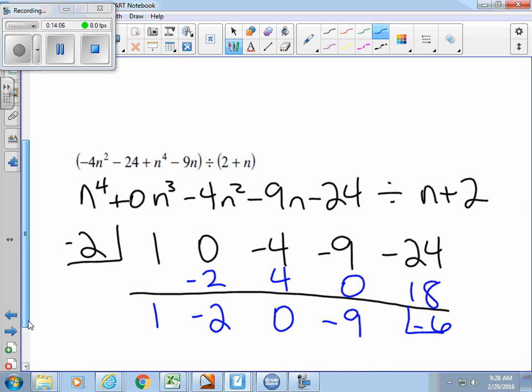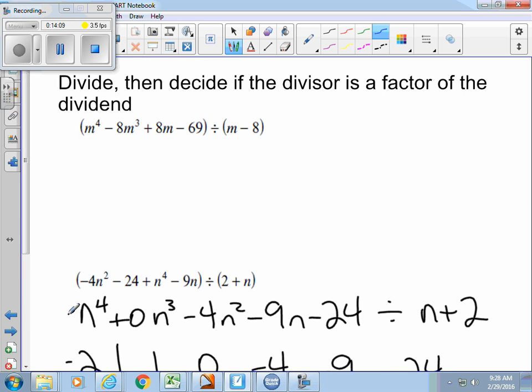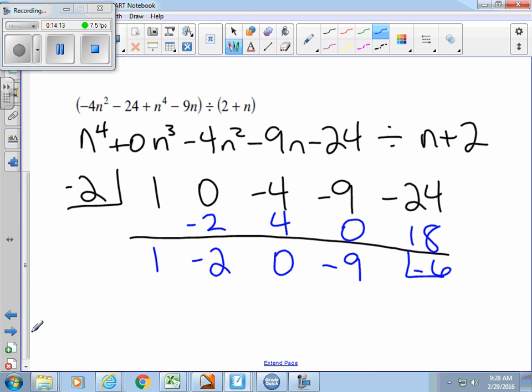Do I need to do any more work to show that? No. If it asked for the zeros, I would still need to do some more work, but it didn't. So all I do is stop here and say no. And if you wanted to explain, you could say the remainder is not 0. That's why. It would be a factor if the remainder were 0.